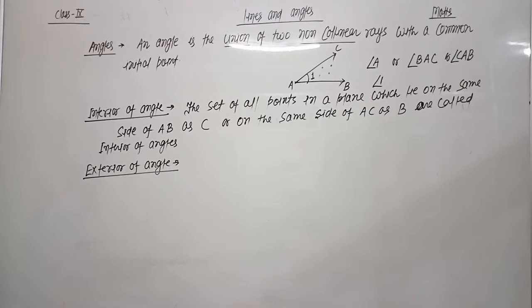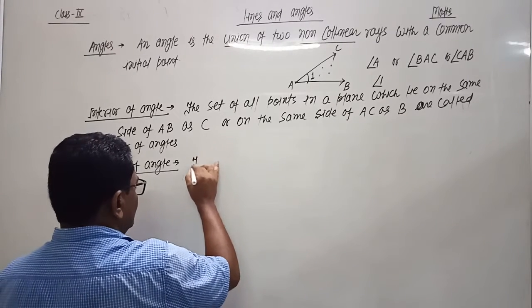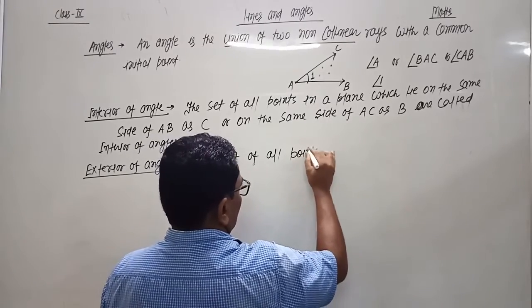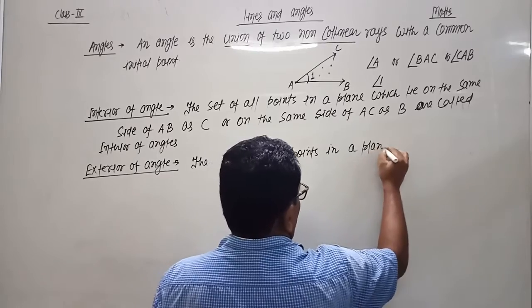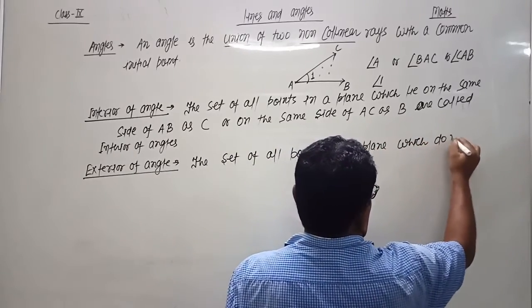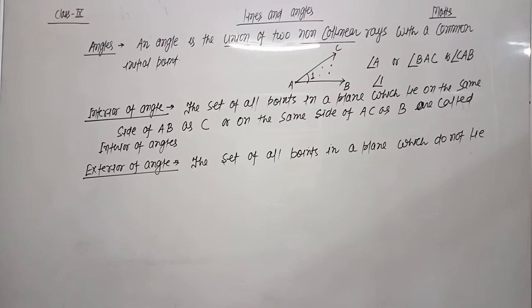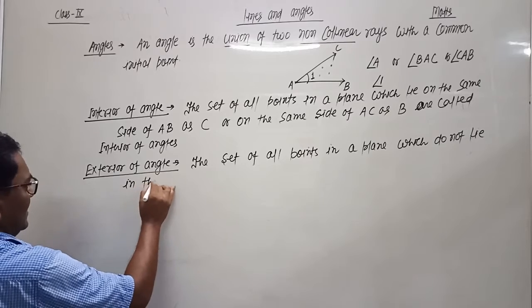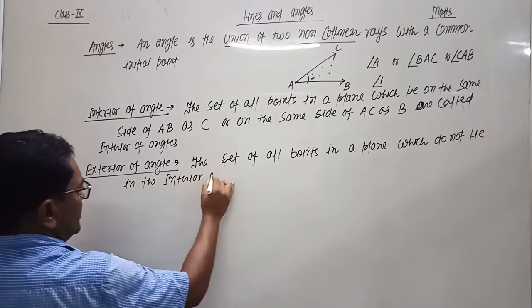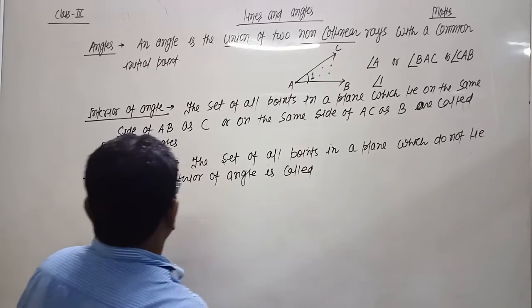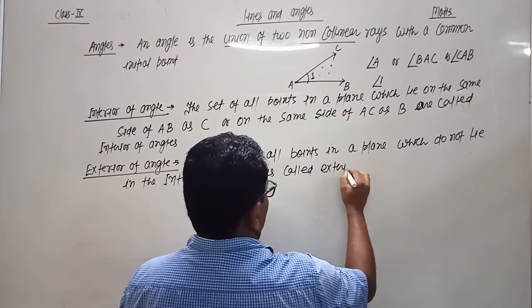The exterior is the set of all points in a plane which do not lie on the angle, which do not lie in the interior of the angle. This is called the exterior of the angle.